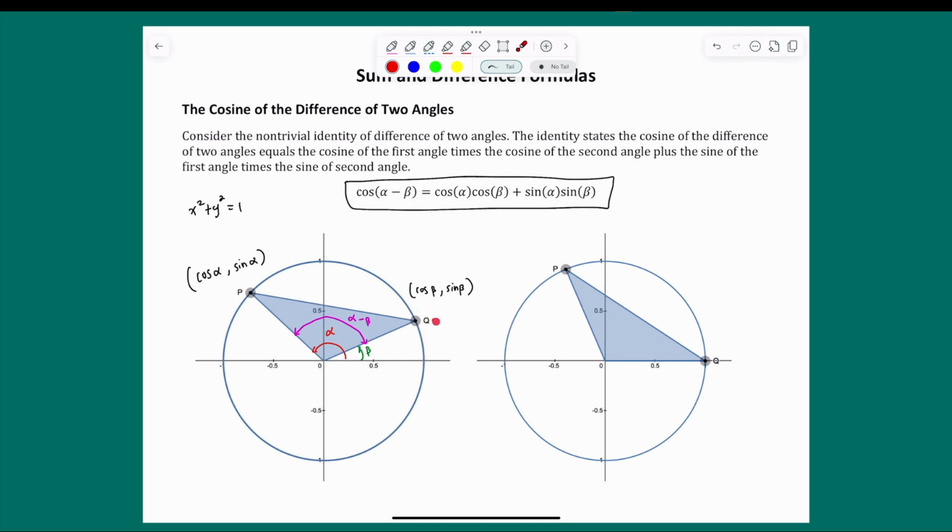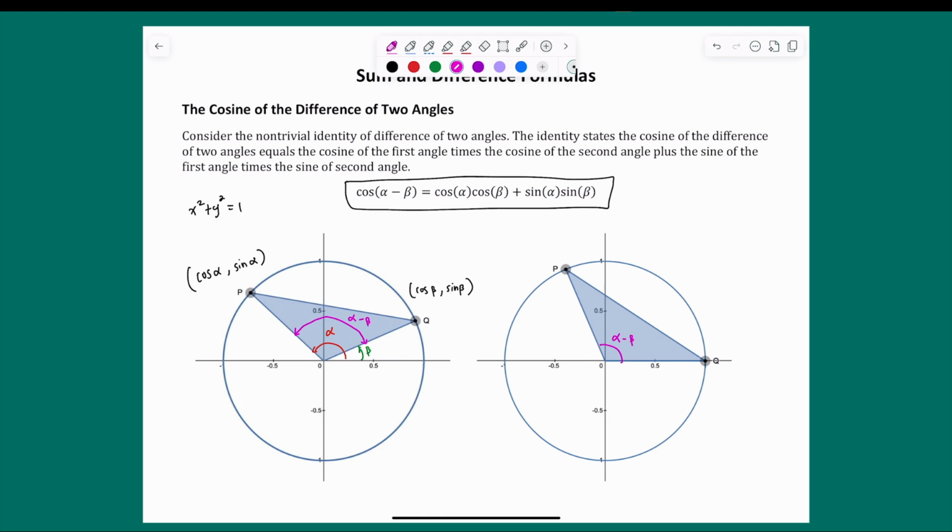Imagine rotating Q so that the point ends up on the x-axis, and likewise P would rotate up on the unit circle this way. If you do this kind of rotation, you'll get a similar image on the right here, where we have rotated Q all the way to the x-axis, and as we rotated Q, we also rotated P, and so we ended up with this triangle here, where the angle there is going to be alpha minus beta.